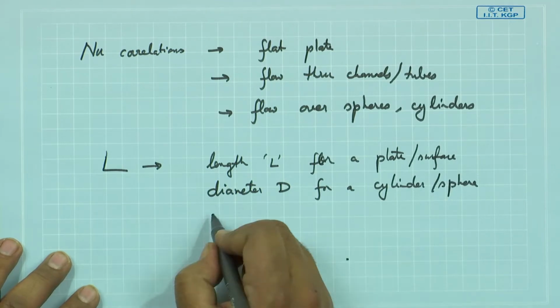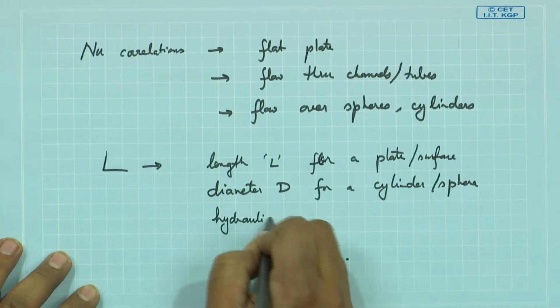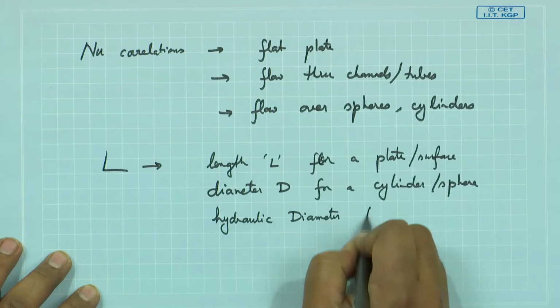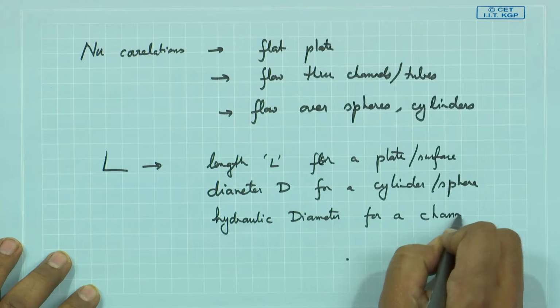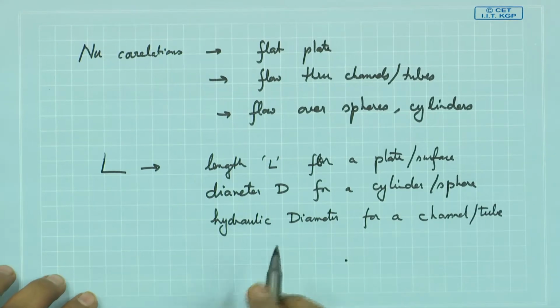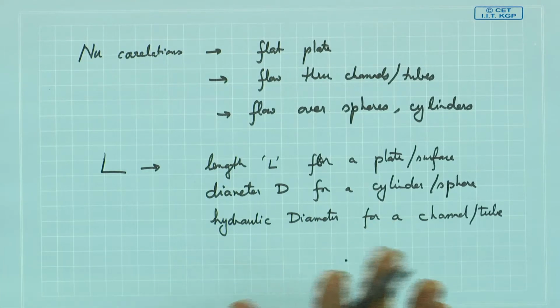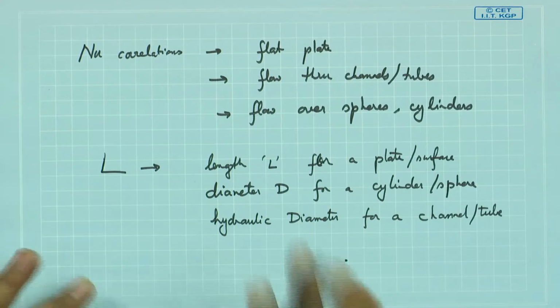There is also something called hydraulic diameter for a channel or a tube. And I will not get into the details of what hydraulic diameter is. These are all standard formulas and definitions available in any book, but it is very important for us.